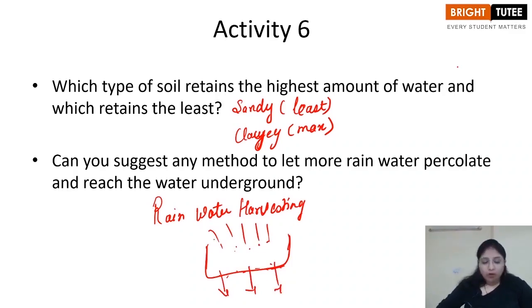From time to time we want to keep on digging this well or this pit, because we want the soil to be aerated so that more and more percolation can take place, right? So with the help of rainwater harvesting, we can increase the amount of water that goes underground, right? This kind of system is being used widely so that more and more water conservation can be done. The level of groundwater can be increased.